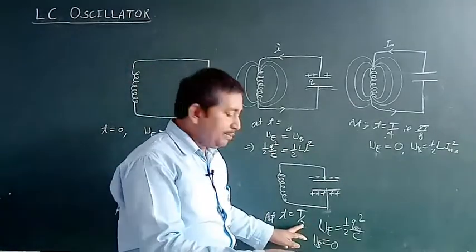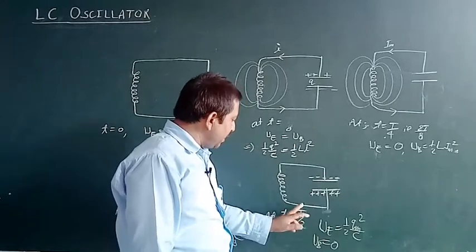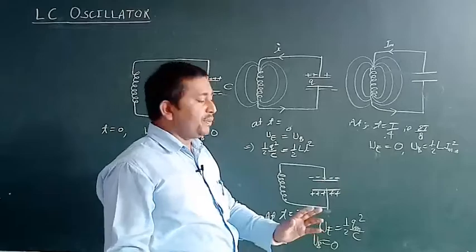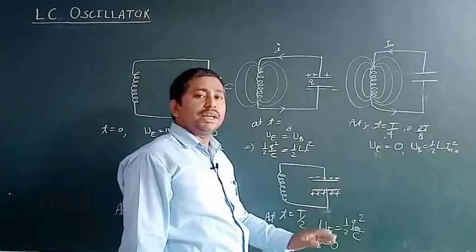After T by 4 time, the current flowing through the circuit disappears. It means the capacitor becomes fully charged.